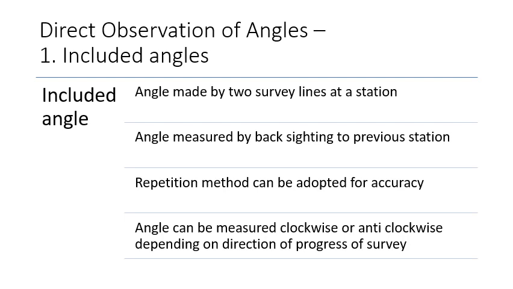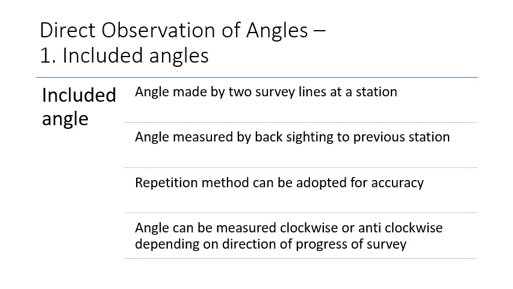So how to do that? We will always be at a station, and we will always be referring back to the previous station. That will be our reference, and from there to the succeeding station we will measure the angle. If you want to increase the accuracy, you can go for the repetition method.